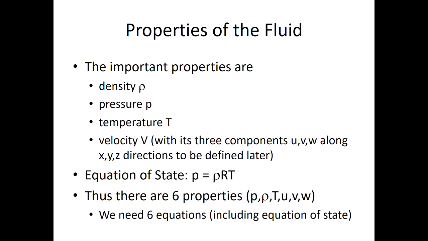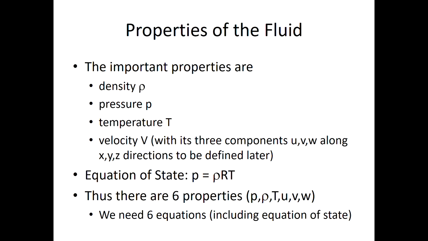Now, P, rho, and T are not independent of each other. For ideal gases, thermally perfect, calorically perfect gases, we can write P equals rho times R times T, where R is called the gas constant, T is temperature; rho and T we have defined, P we have already defined.